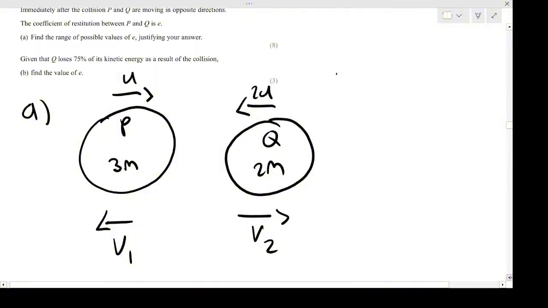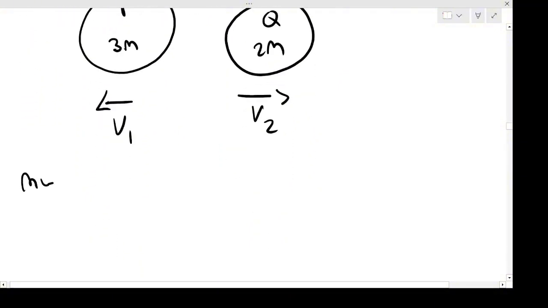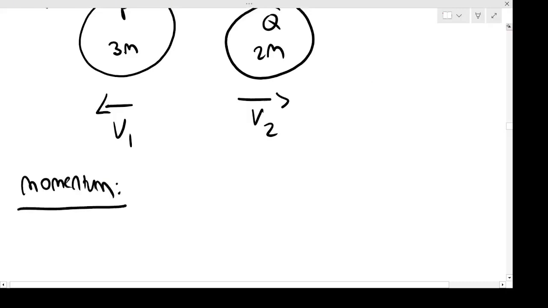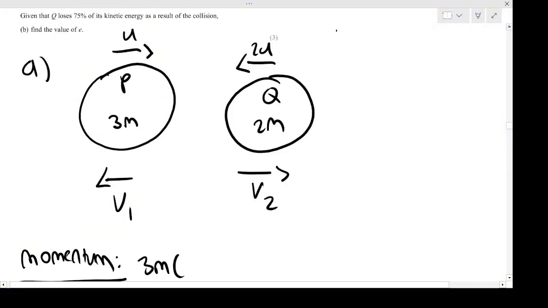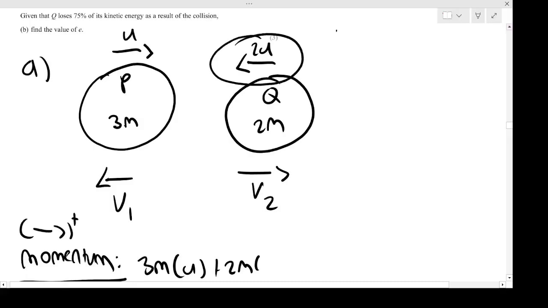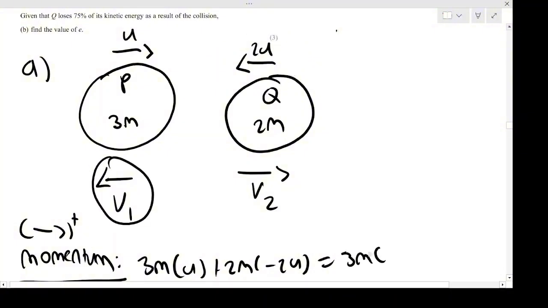And so there we are. So let's get cracking. So firstly, we have momentum as usual. So that's going to be 3m lots of u, and then 2m lots of negative 2u, because again, forwards is positive. So negative 2u here. That's going to equal 3m lots of minus v1, add 2m lots of v2, okay? So hopefully happy with this.